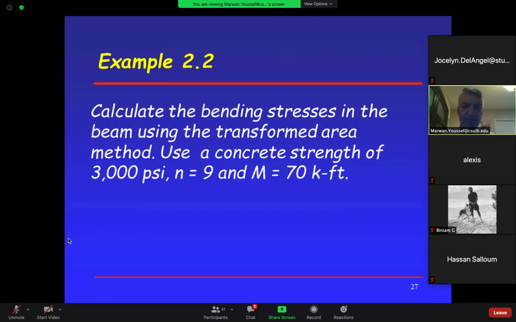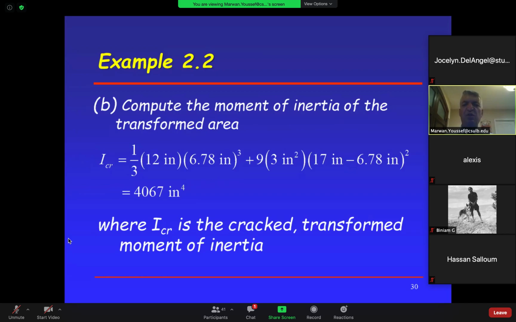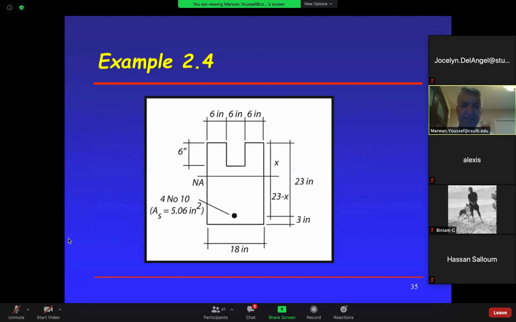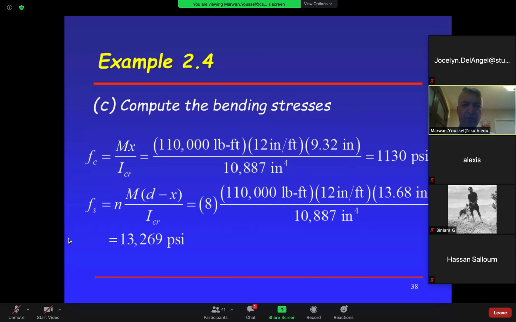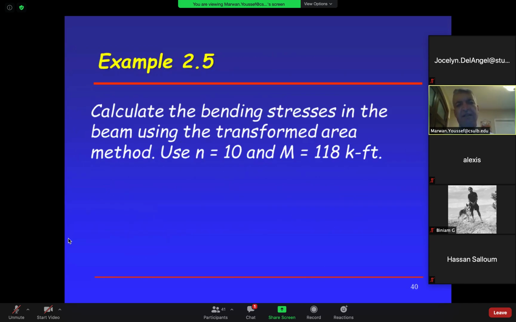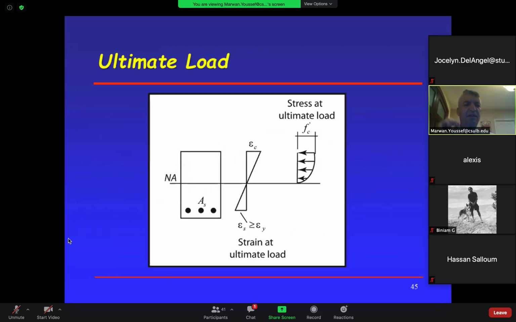Skip this example, so skip 2.2 for n. Skip all that. I leave it intentionally so when you are reading in the book, you don't say what happened to these. I'm telling you, we're skipping those. We're going to skip the double reinforced beam for now. We'll come back to it. Skip all that until we get to here, the ultimate load.